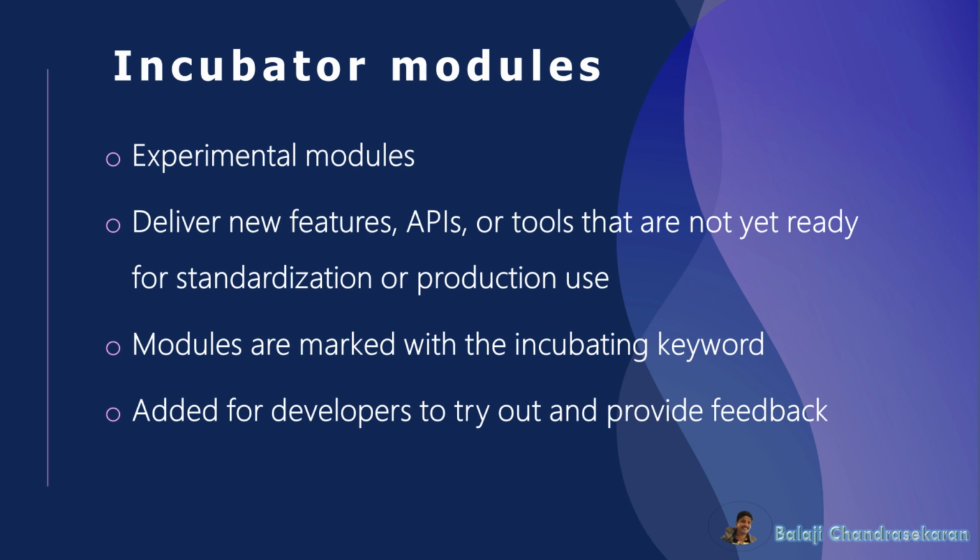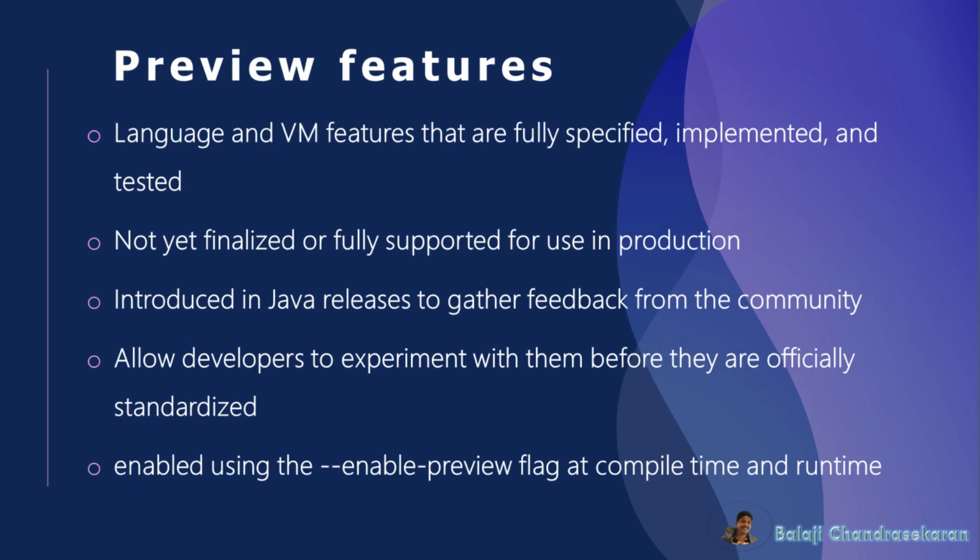Incubator modules allow Java developers to experiment with the new features early in the development cycle and provide input to the Java community. The preview features are language and VM features that are fully specified, implemented, and tested, but not yet finalized or fully supported for use in production.